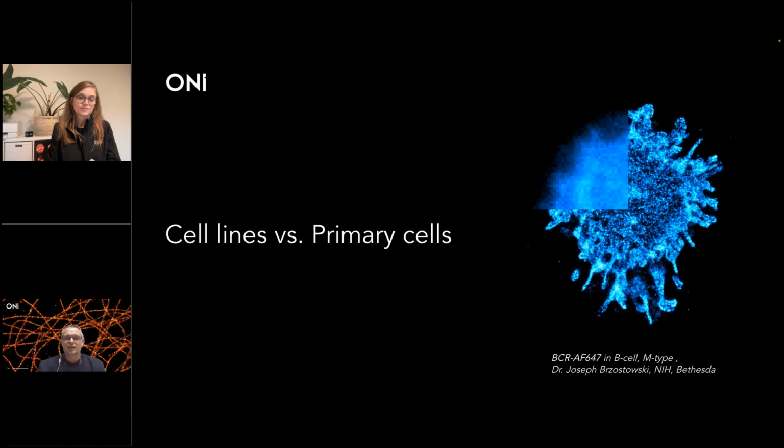At least if you try to use permeabilization and try to label things inside the cell, you most probably will kill your cells. And that's exactly where we come to the point that if you are looking for a movement of receptors on a surface, yes, you could use some technologies like DNA-PAINT or PALM, or actually, if inside the cell, you need to use PALM when you're expressing your fluorescent protein.